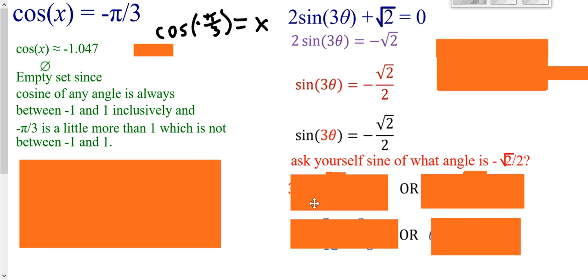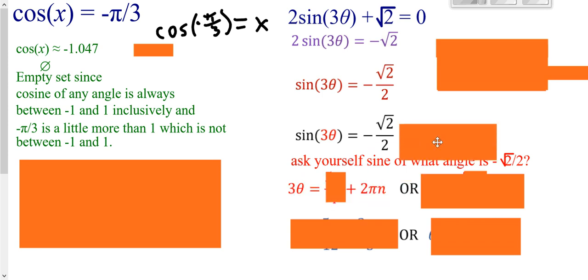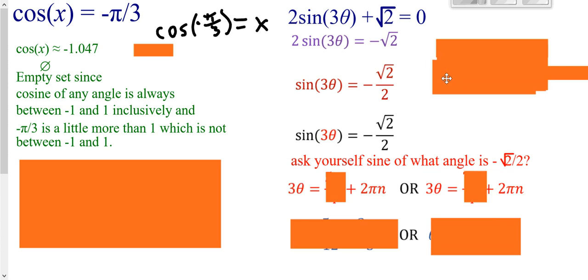Well, your sine is equal to negative root 2 over 2 at two different spots. One of them, because sine is the y value, is in the third quadrant, and one of them is in the fourth quadrant. Root 2 over 2, remember, is your pi over 4, so it's at 5 pi over 4 and at 7 pi over 4.